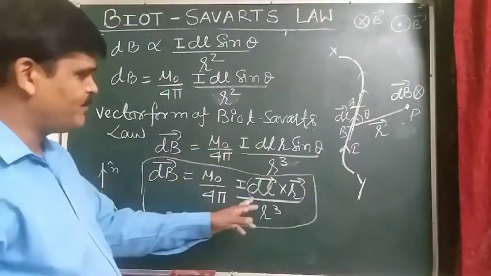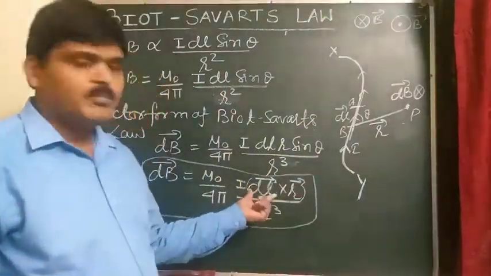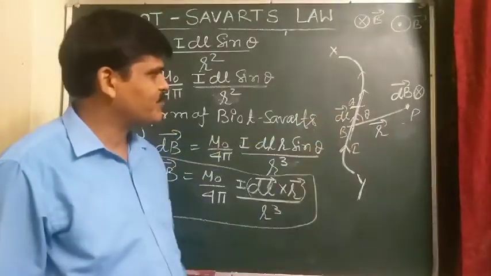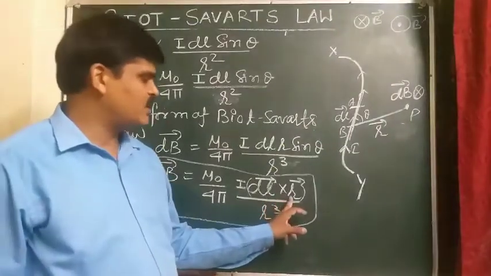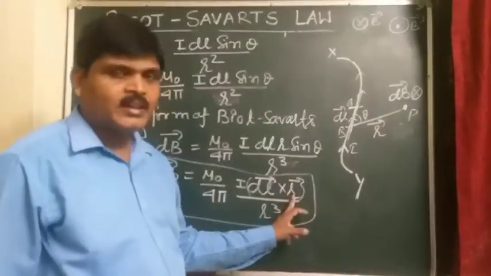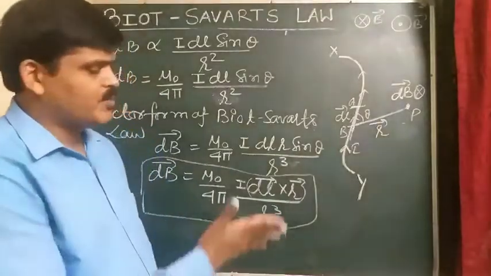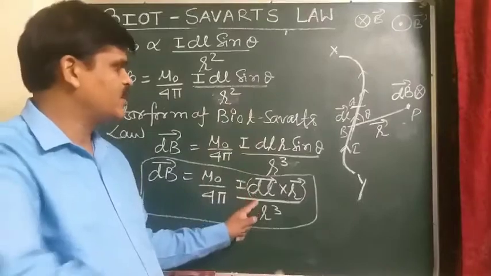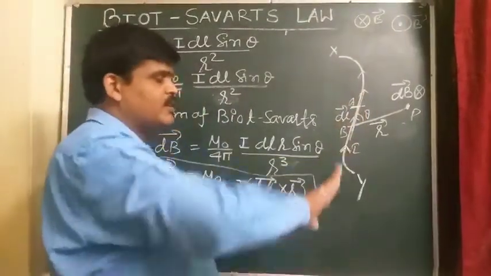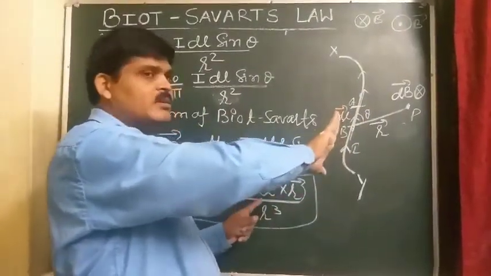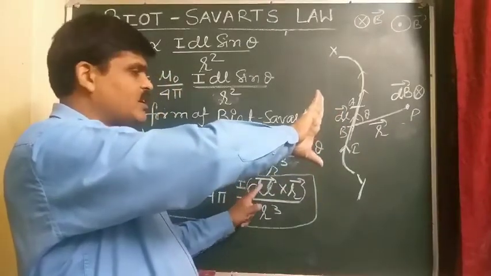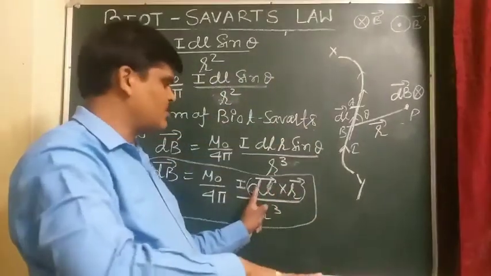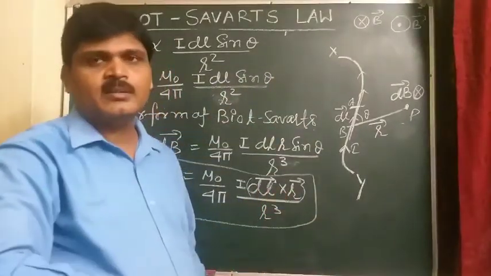So student, here we use the vector product, the cross product of two vectors. The first vector is dl, and the second vector is r vector. Keep your right hand fingers stretched in the direction of the first vector, dl vector, and rotate them toward the second vector.